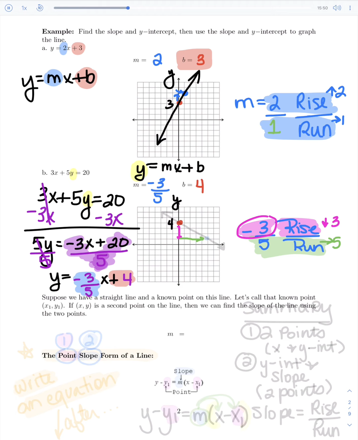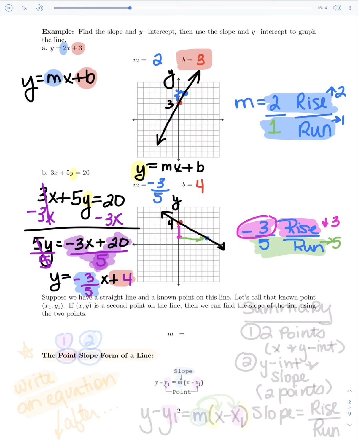And that's where our second point will be. So we went down 3 and over 5. Then once I have my 2 points, I can draw my line through the 2 points. Don't forget your arrows, and it doesn't have to be perfect, but you are done.